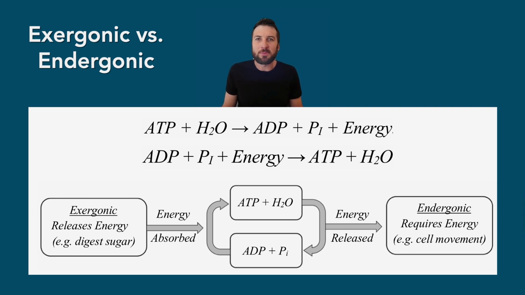So lots of biological processes like cell movement and building more complex biomolecules require energy. It's creating order. It's something that won't spontaneously occur. But it can occur by using ATP, by using this energy that was captured elsewhere, releasing it at these given times.